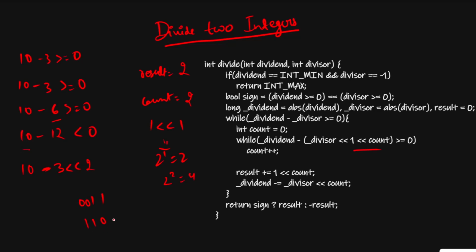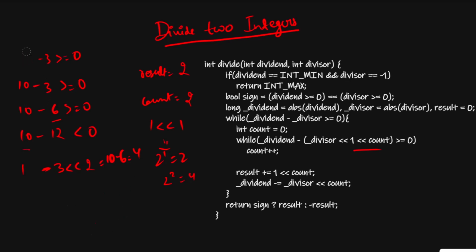So what is it? It is 6. How? First 1 is here, then this 1 is here, so I have the number 1 1 0. So this is 6. So 10 minus 6 will be 4.